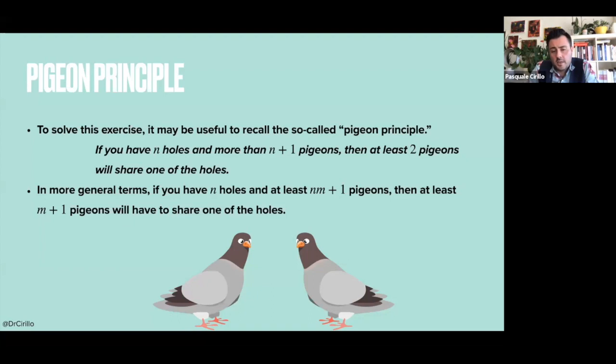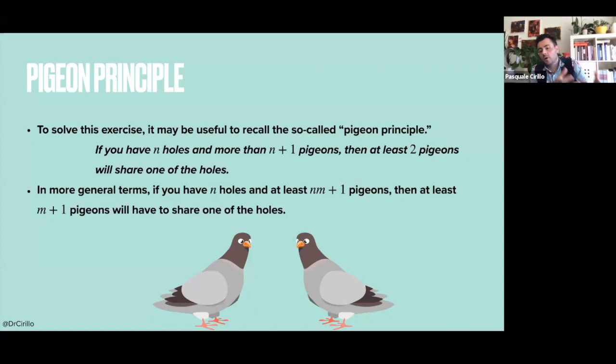There are 2 versions of this principle: the basic one and the generalized one. Typically, you need the generalized one. So you have a certain number of holes, let's say n, and a number of pigeons larger than n, so at least n plus 1.